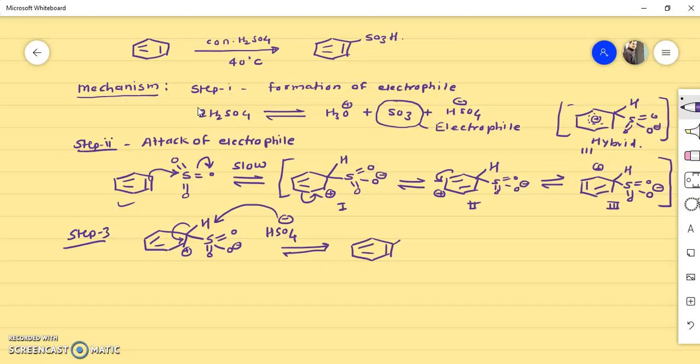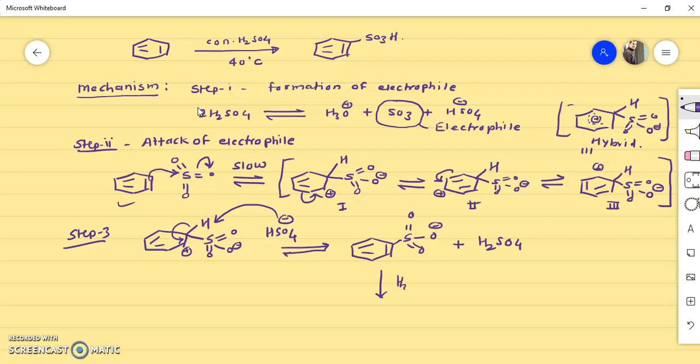So this is S double bond O, single bond O with negative charge, plus there is a generation of H2SO4. Now finally this benzene sulfonate ion which is generated here, in the surrounding there is H2SO4, right?